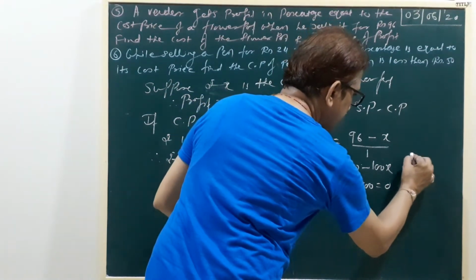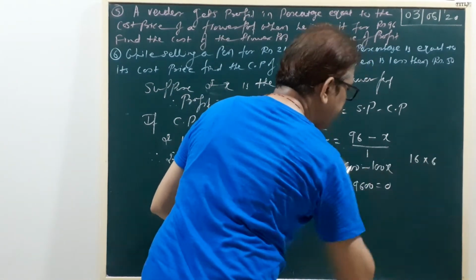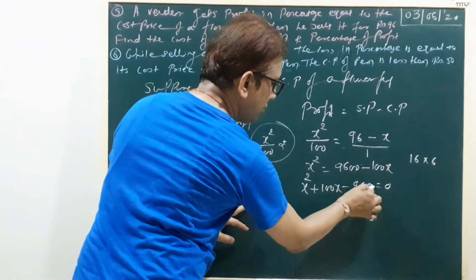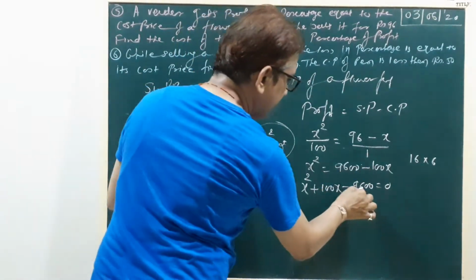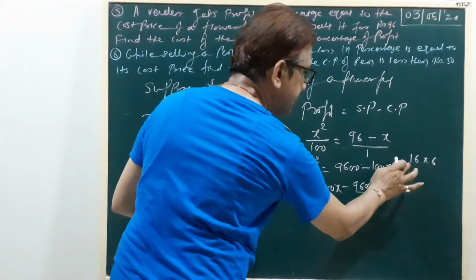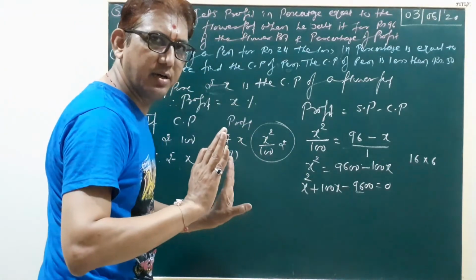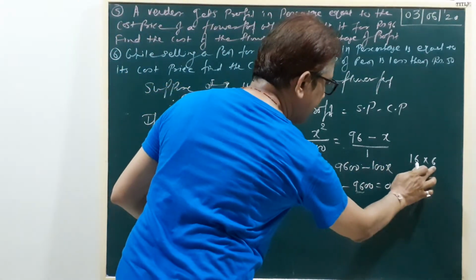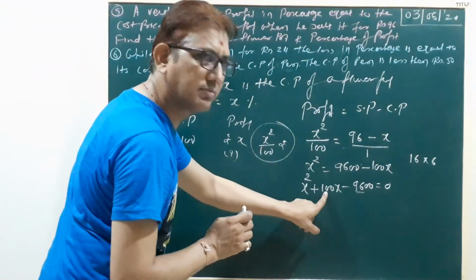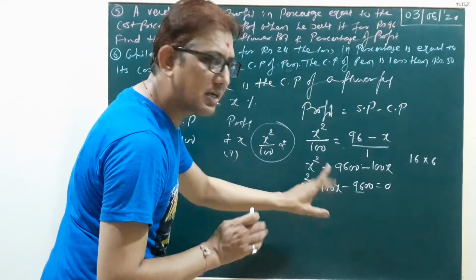First, 16 6s are 96. Here 0 will be cancelled. Suppose only factors of 96, 16 6s are 96, right? 16 minus 6 is 10, clear? But we need 100 here.